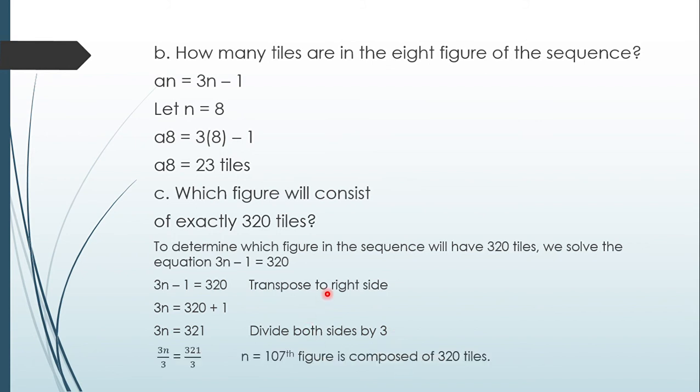So, 3n over 3 is equal to 321 over 3. So, the answer is 107 figure is composed of 320 tiles. I-divide mo lang to. 321 divide 3. And then, ito na po yung answer.